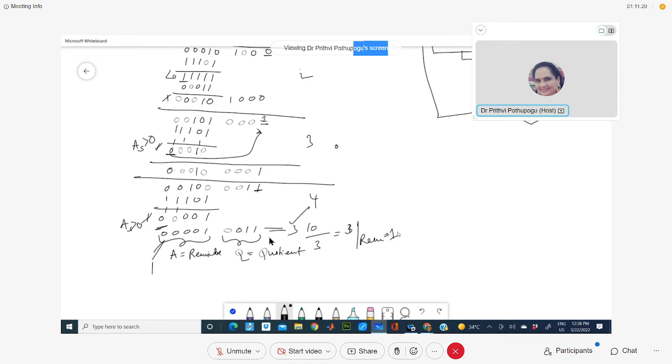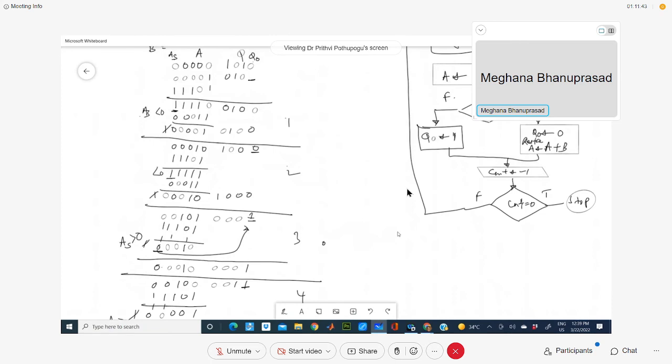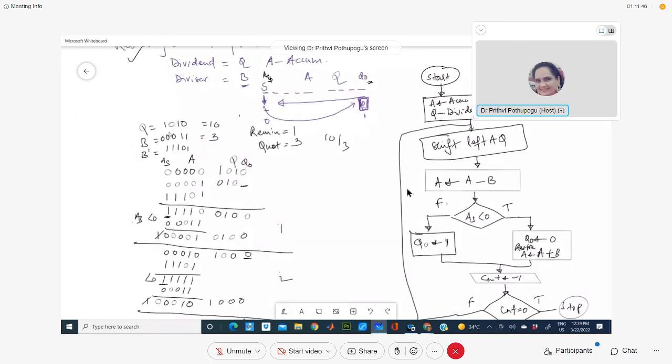Any doubt? Ma'am, how did we decide to do 4 rounds? Is it because there are 4 bits in Q? We did 4 iterations, right? Did we decide that based on the number of bits in Q? Yes, it depends on the size of the magnitude we are taking. We have taken 4 bits.